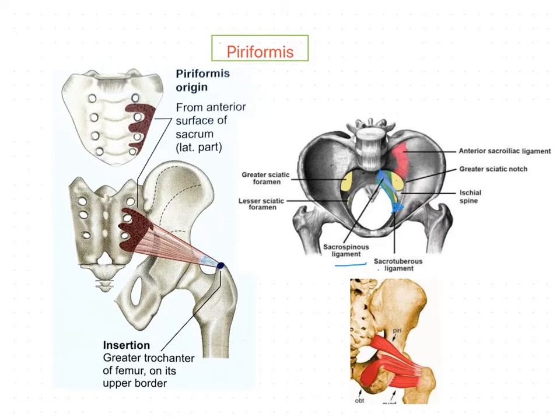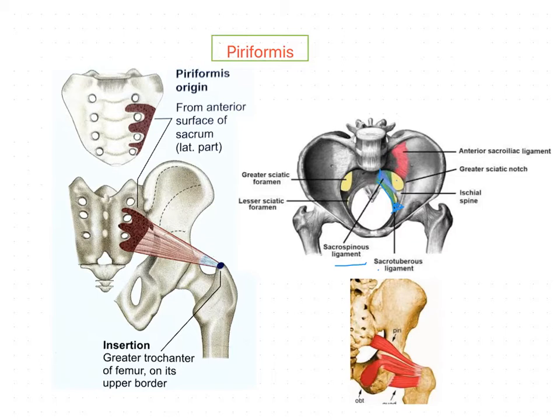Because of the sacrospinous ligament, we get the greater sciatic foramen, and the sacrotuberous ligament, which crosses the sacrospinous ligament, forms the lesser sciatic foramen.